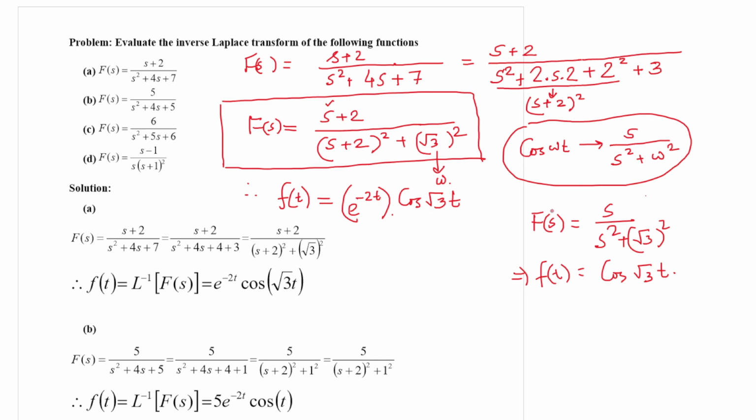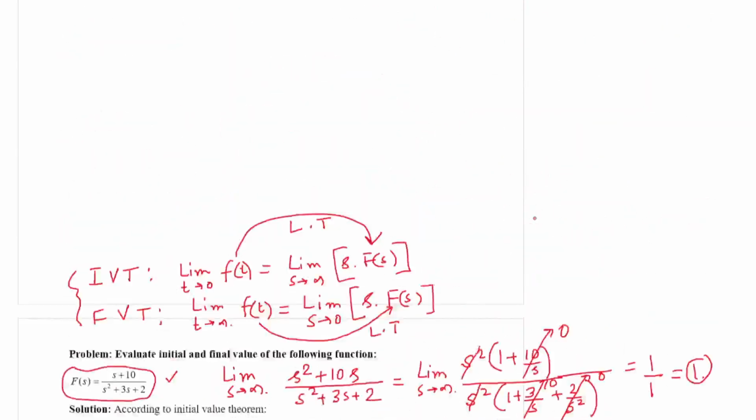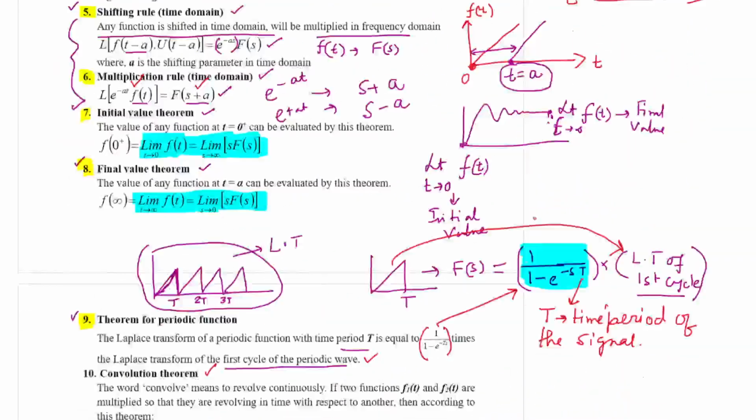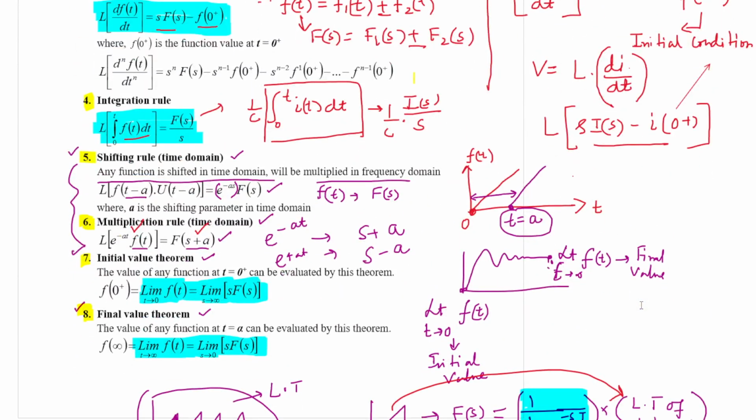So with the property we have seen, that is property number 6, what we have discussed in the last session, any shifting in the frequency domain inevitably means that we must multiply with a time domain factor, which is e to the power minus at.